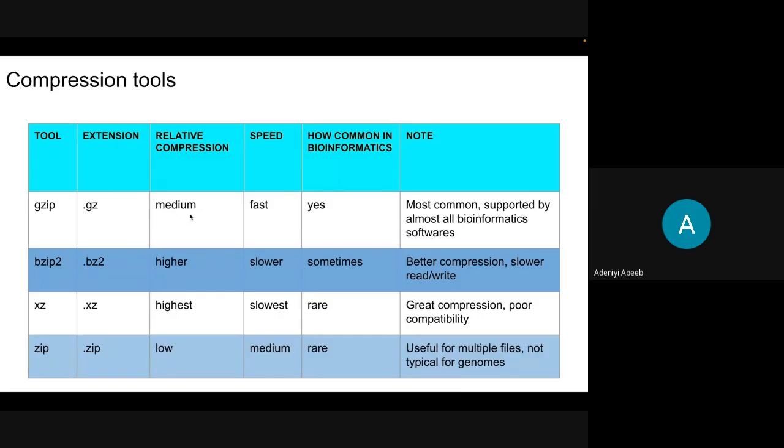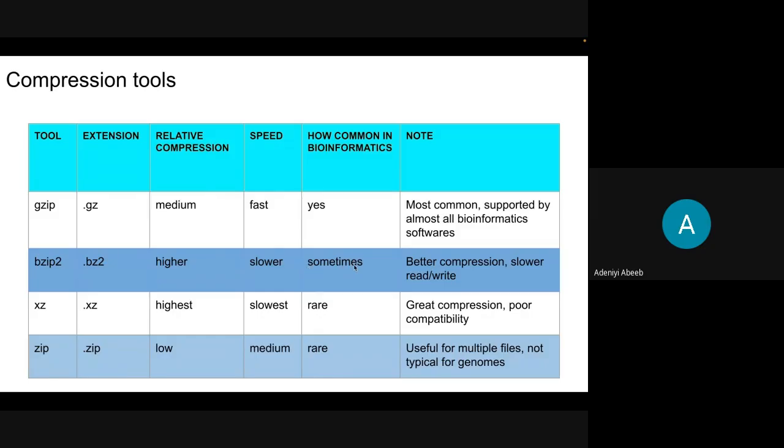But out of all of this, bioinformaticians say gzip is much more preferred because at least the rate of compression is medium and the speed is fast. That is why it is very common in bioinformatics. And look at bzip2. bzip2 performs better in terms of compression than gzip, but it is much slower.